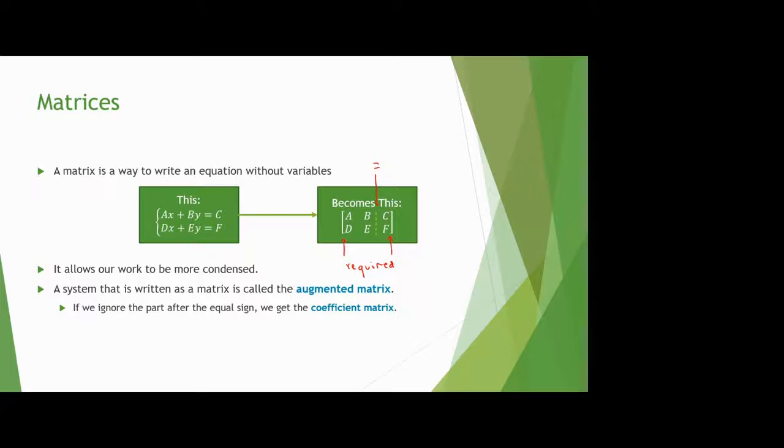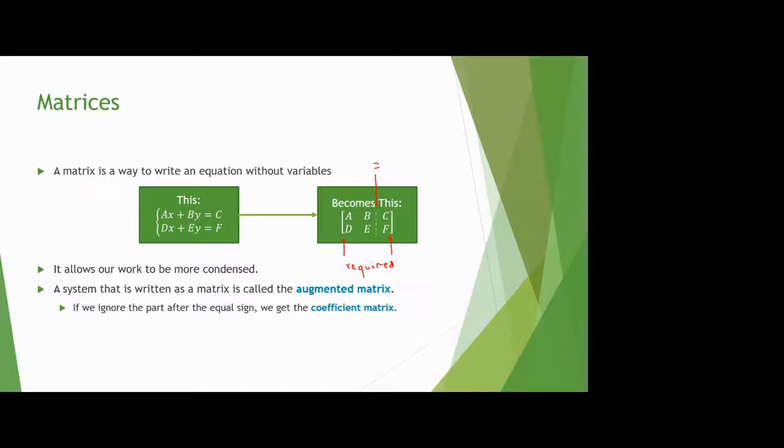Writing matrices this way is really nice because you don't have to worry about the variables, and this is used a lot in programming and data science because you have tons of equations, as I mentioned yesterday during my introduction video. If you're doing that on a computer, storing an equation with all the symbols and variables takes up space.